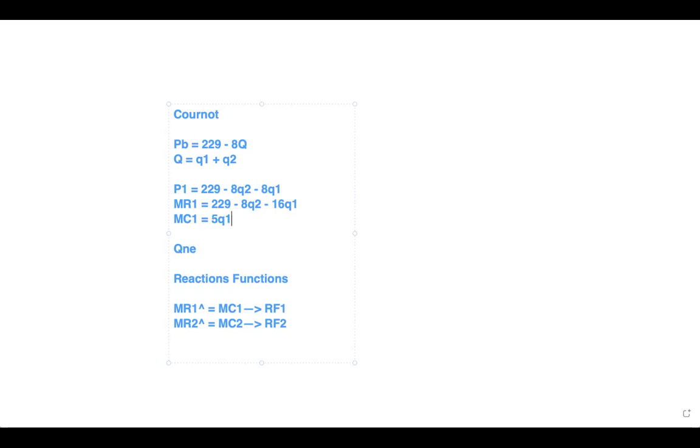And then our MC1 is equal to 5Q1. Okay. So you set those equal to each other, and then you solved for the reaction function, and you got Q1 as a function of Q2. Can you tell us what you got?